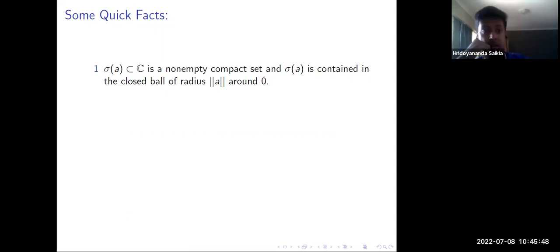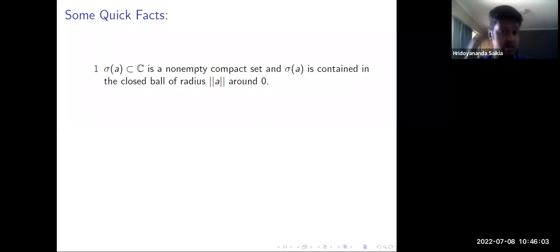So for every element A in the C-star algebra, we can define the spectrum of A, and the spectrum of A is firstly non-empty, and secondly, it is a compact set for every element in the C-star algebra.